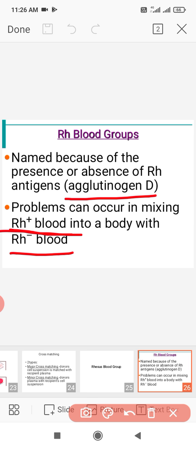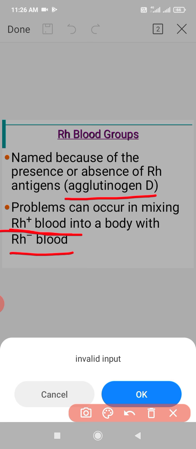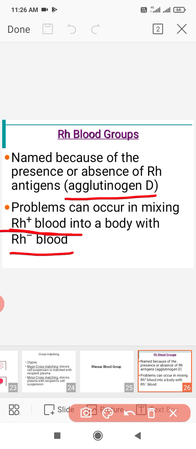If agglutinogen is present, then it will be RH positive blood. If RH antigens are absent, then it is RH negative blood. Clear? I am telling again: in the ABO system, antigen A, antigen B and antibody A, antibody B are present. But in the RH blood group, only the RH antigen, also called agglutinogen D, is present.